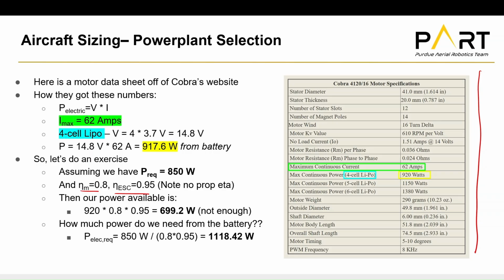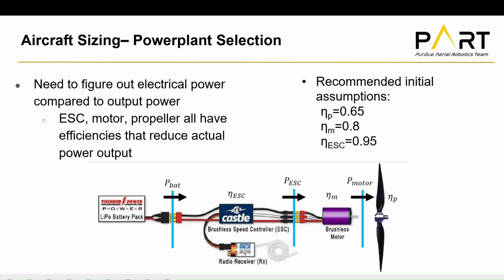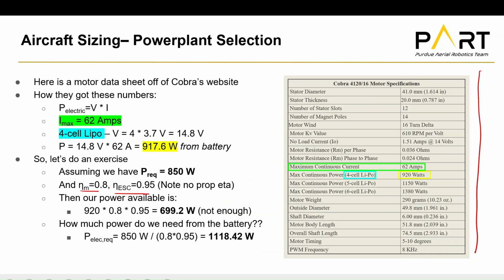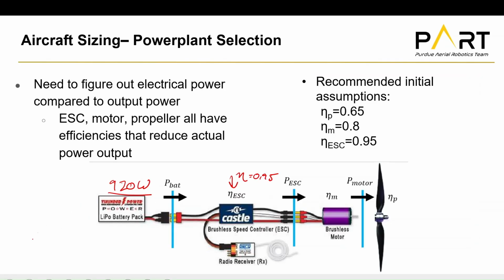So if we're pulling 920 watts out of the battery, and we go back to our figure here, we have an ESC, and our ESC has that eta of 0.95. Then all of a sudden, the power that's going from our ESC to our actual motor is going to be a little bit less, right?